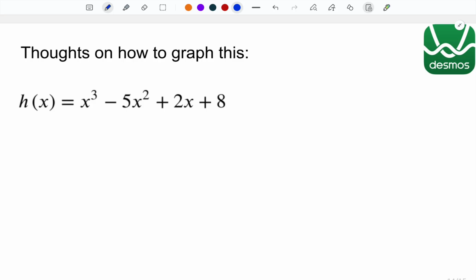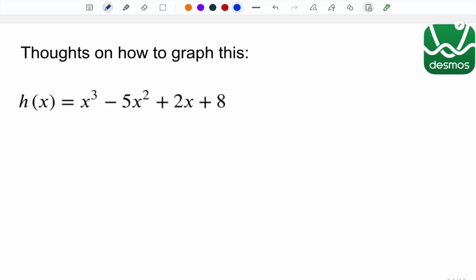But we actually can't identify the transformations when it's like this, because we don't have it in terms of one part cubed plus or minus something else. That's the form of the other one, and that's what allowed us to easily identify transformations.